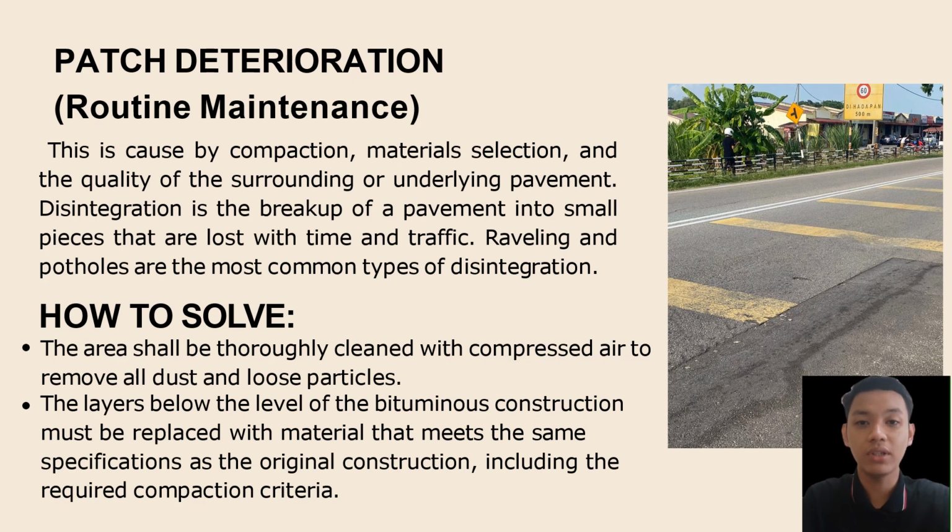How to solve this damage is that the area shall be thoroughly cleaned with compressed air to remove all dust and loose particles. The layers below the level of the bituminous construction must be replaced with a material that meets the same specification as the original construction, including the required compaction criteria.